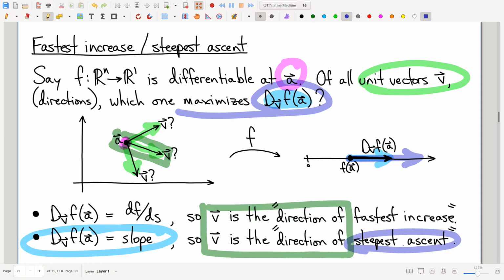If it's a slope, which direction makes the slope of the tangent line as steep as possible? Direction of steepest descent. It's a very common terminology, probably the most common term for the vector that maximizes the directional derivative. So direction of steepest descent, you're going to hear all the time.